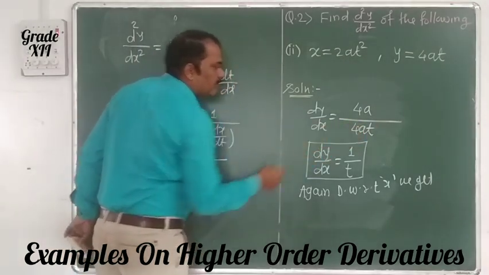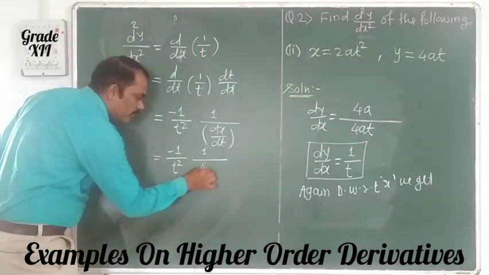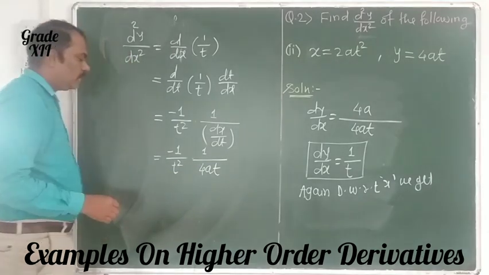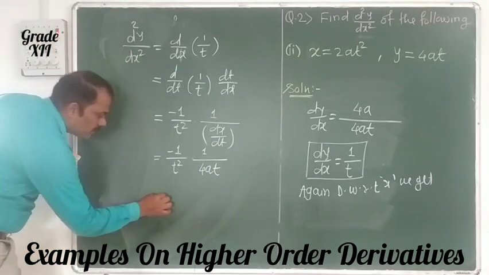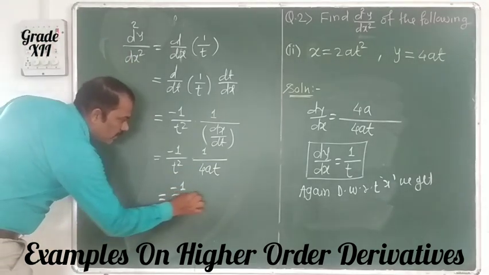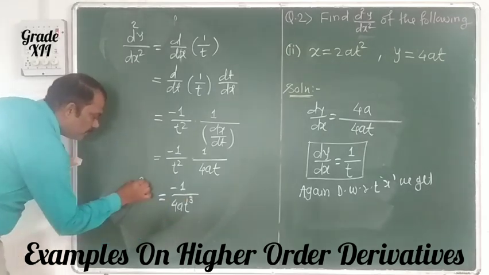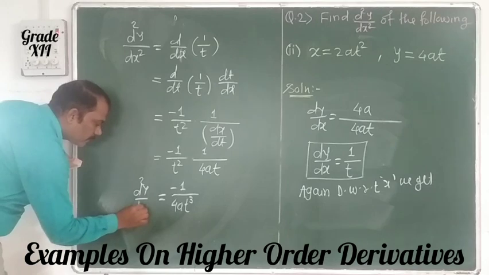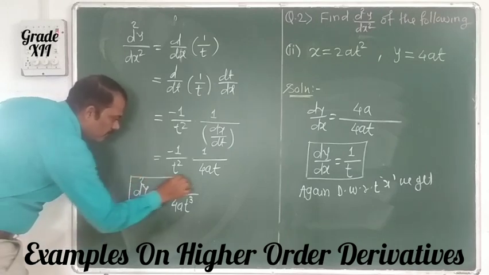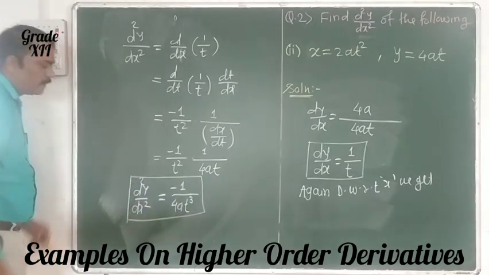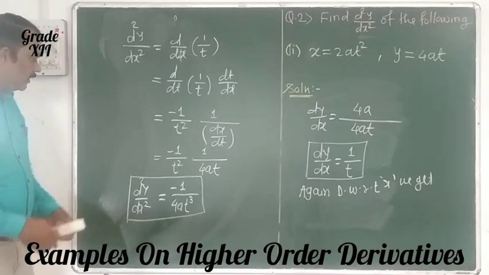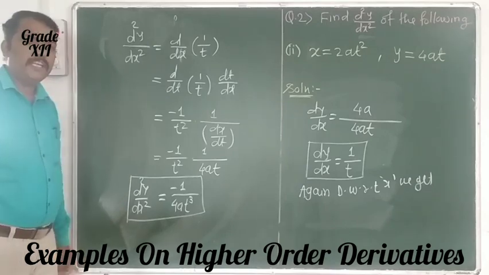Dx by dt is nothing but 4at, so we can write 4a into t. After simplification, we get minus 1 upon 4a t cube, which is nothing but d2y by dx square. Okay? In this way, we have to find the second order derivative.